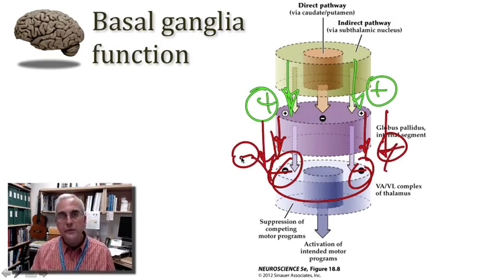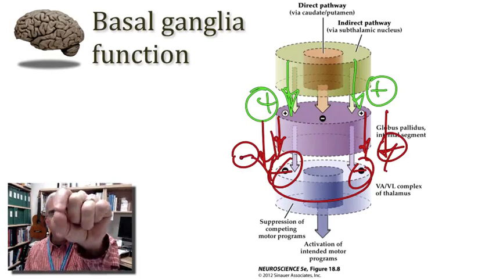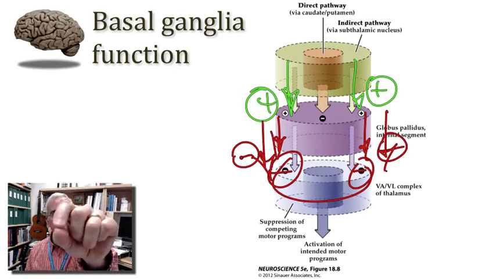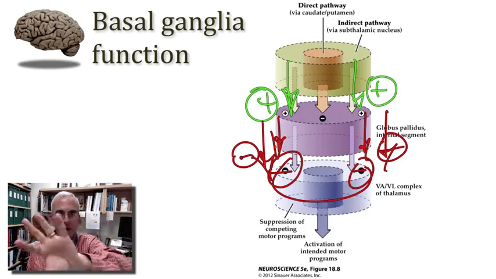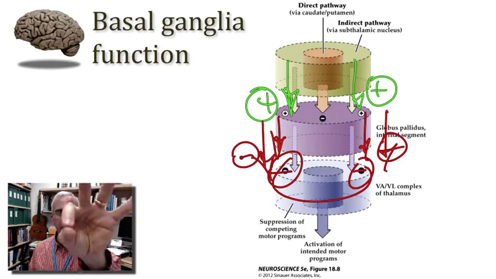So this center-surround model, I think, is a useful way of considering how we can execute a very particular movement, like a visually guided reach. So as I'm expressing this sort of reaching and pinching motion, I'm suppressing all other kinds of activities that potentially could be done with the same musculoskeletal units.